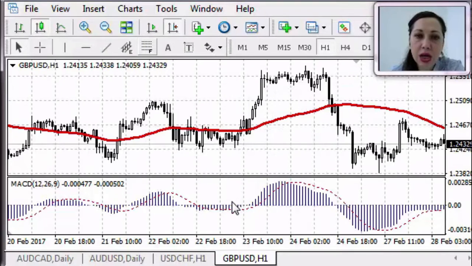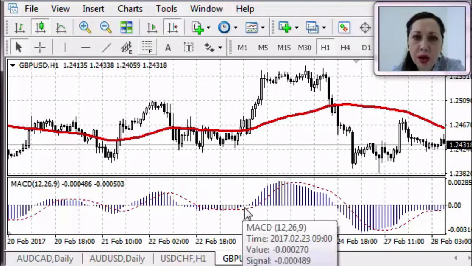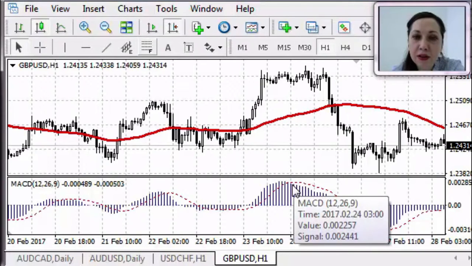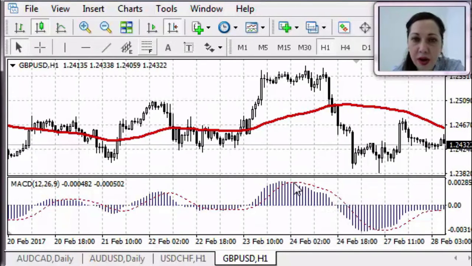Next, you can exit the market also when, for example, the signal line crosses the slow line in the opposite direction.